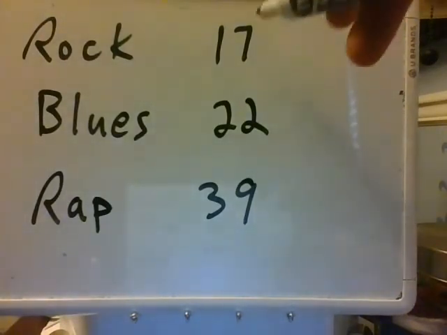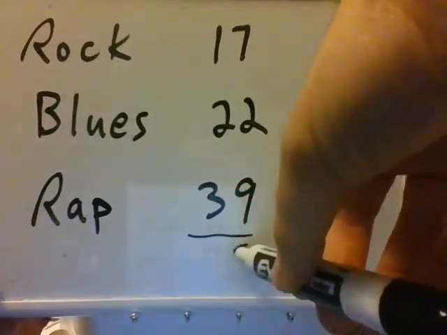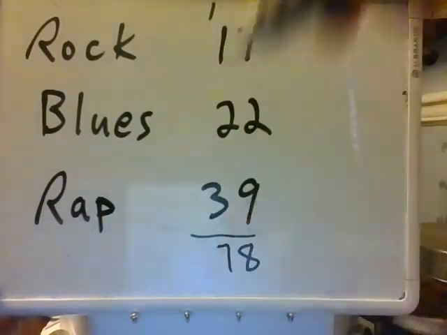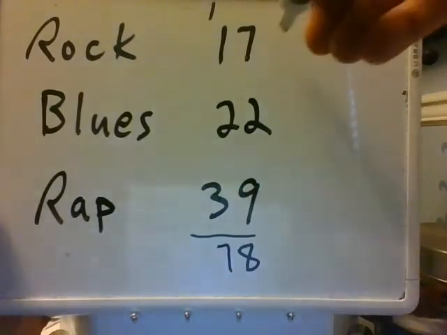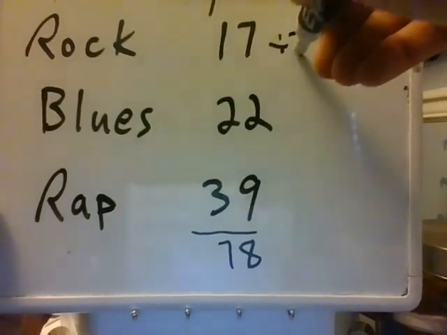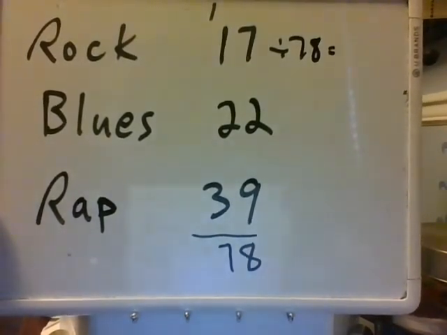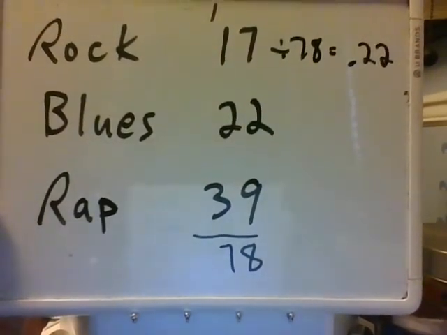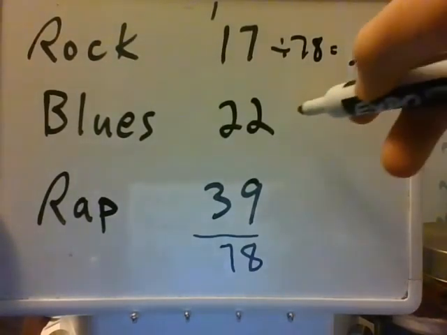Okay, let's go through this. 7 plus 2 is 9, plus that is 8, carry your 1, and the total is 78. So 17 divided by 78 is 0.217, which rounds up to 0.22. 22 divided by 78 is 0.28.